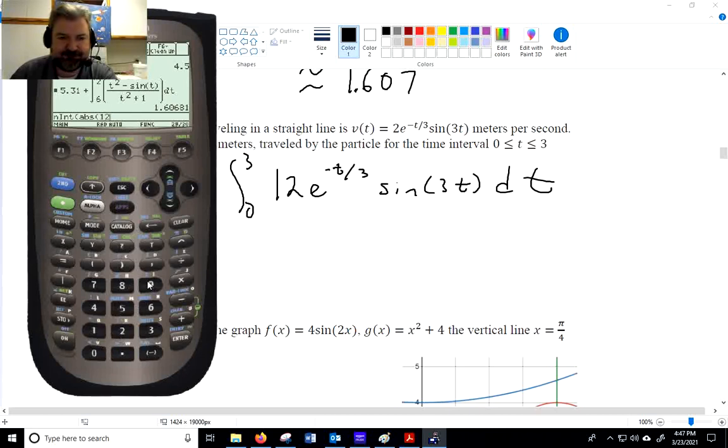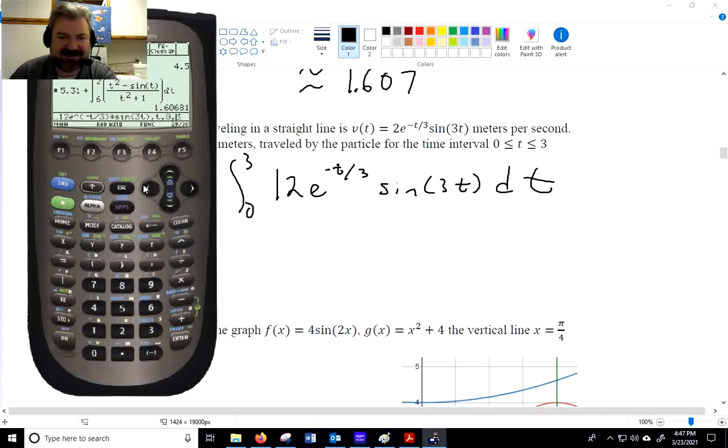Of 12 e to the negative t over 3 times sine 3t, comma t, comma 0, comma 3.